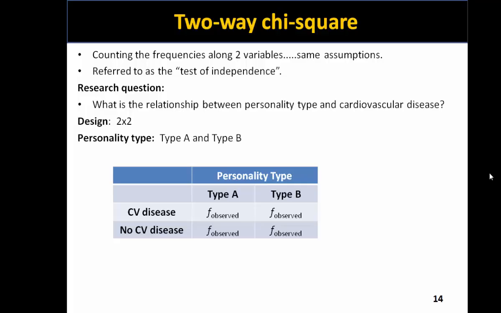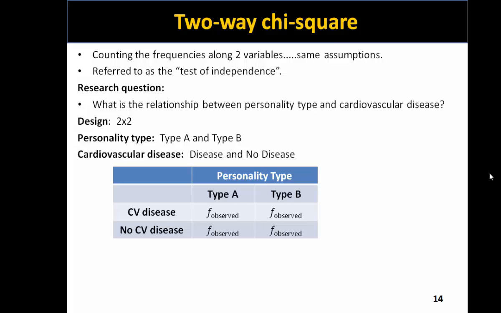The first independent variable is personality type. From a research perspective, we're developing a set of criteria, one of which is that individuals will be categorized as either a type A or a type B personality.